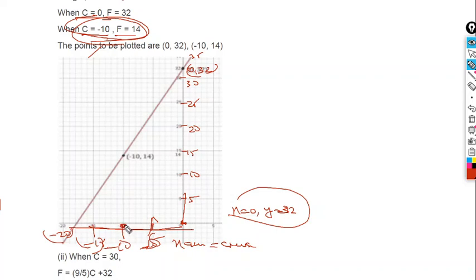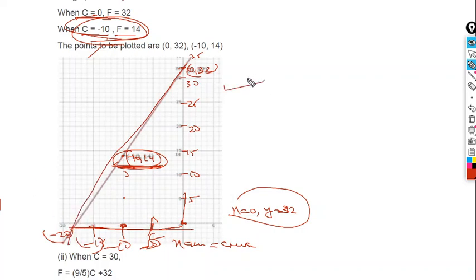So here minus 10 and 14. 14 will be towards here. So 5, 10, 15, this point will be 14. So minus 10 and 14. Now we have got 2 points, this point and this point. Put your scale and please join them.